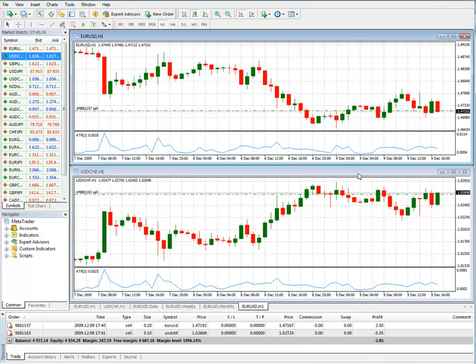Then if you're risking, say, 3% per trade, you end up effectively risking 6% because you're effectively using two trades which are the same. So as the market moves, as the euro dollar, US dollar goes in one direction, the US dollar, Swiss franc goes in the other direction.